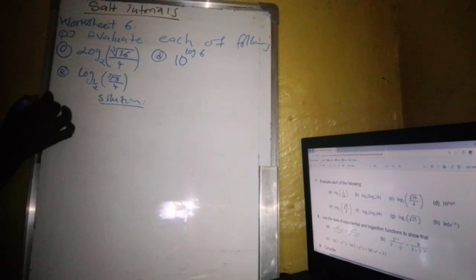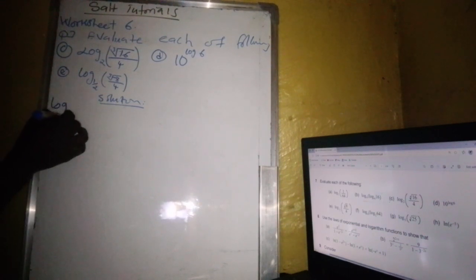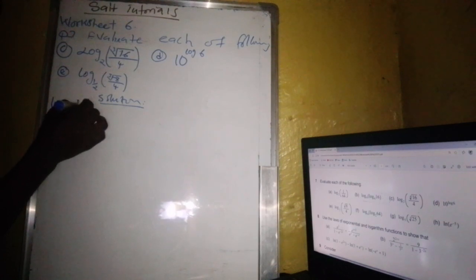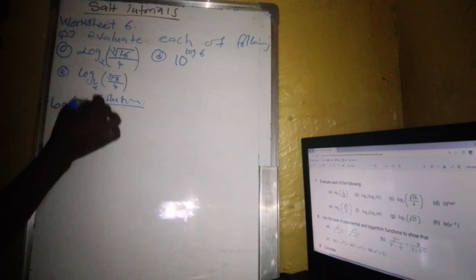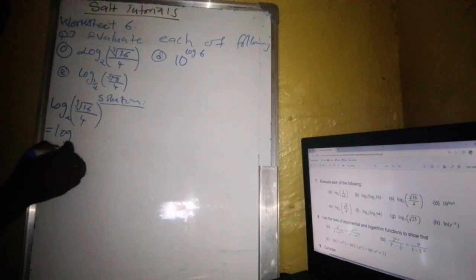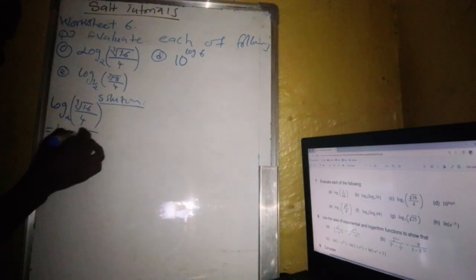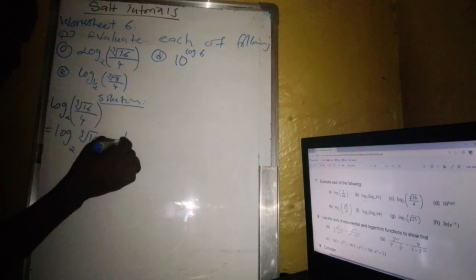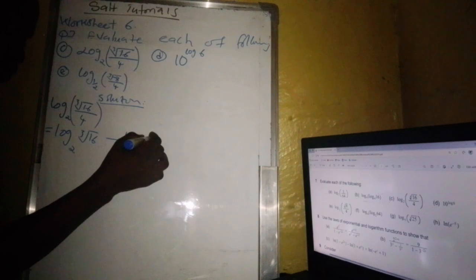Okay, continue. C, D and E, then F, G and H can be yours. You will submit. So C, we have the log of 2 cube root of 16 over 4. This can be written from the division principle of logs as the log of 2 cube root of 16 minus log of 2 4.